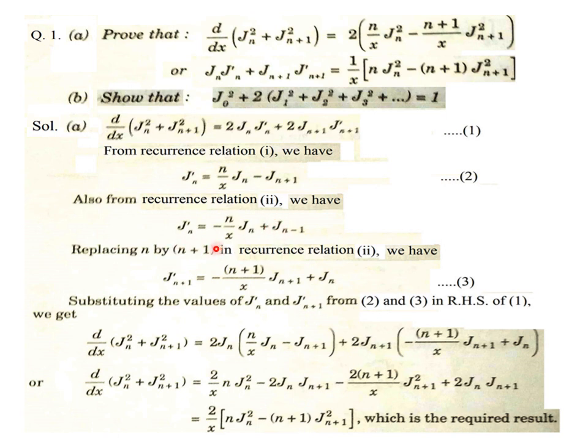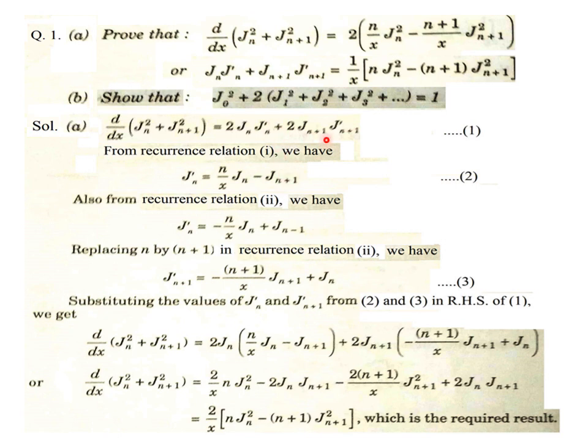So it becomes Jn plus 1 dash equals minus of n plus 1 upon x Jn plus 1 plus Jn plus 1 minus 1, meaning Jn. So that is about Jn dash from recurrence relation 1 and Jn plus 1 dash, which is created from recurrence relation 2. And then we substitute these equations 2 and 3 in the right hand side of equation 1 at these two places.